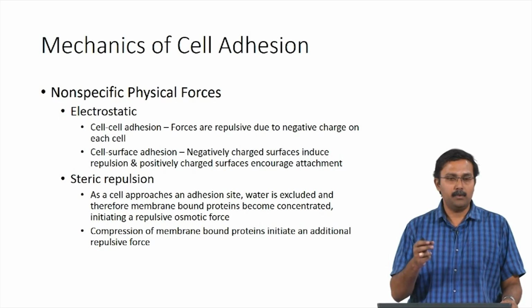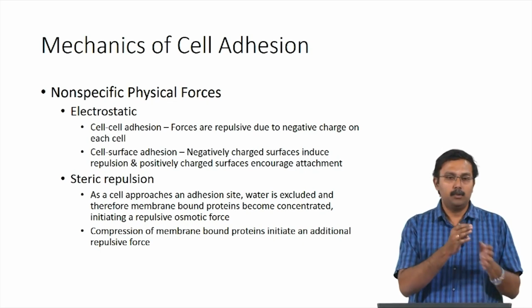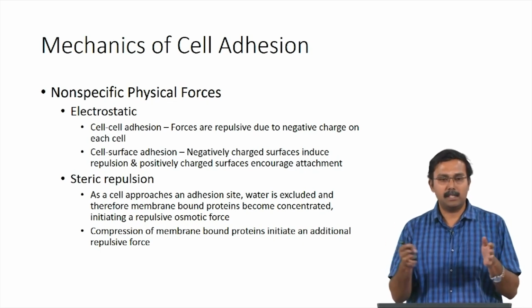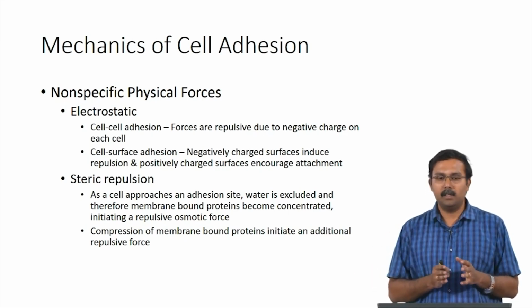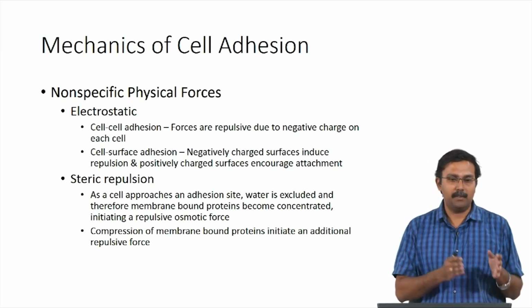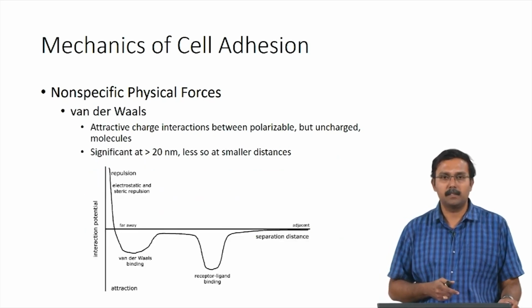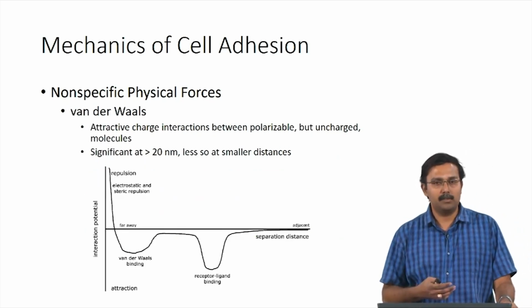Again, all these forces are more active at different levels of distance between the two interacting surfaces, be it both cell surfaces or a matrix surface and a cell surface. At some particular distances you would have the electrostatic effect having a bigger role, whereas at some other distance it will be steric repulsion. The last non-specific physical force is van der Waals forces.